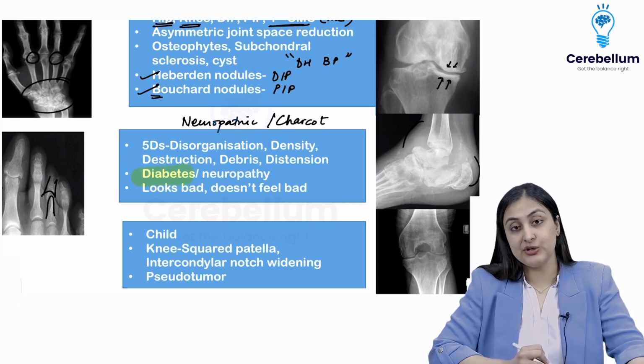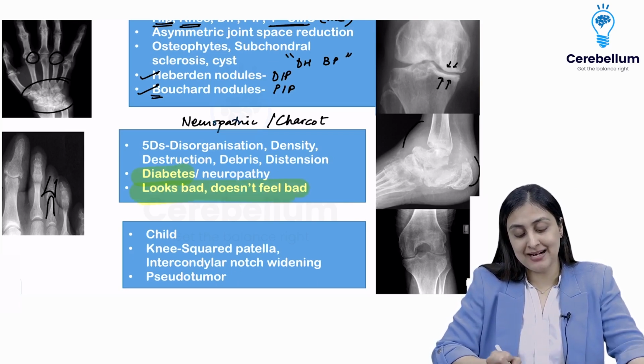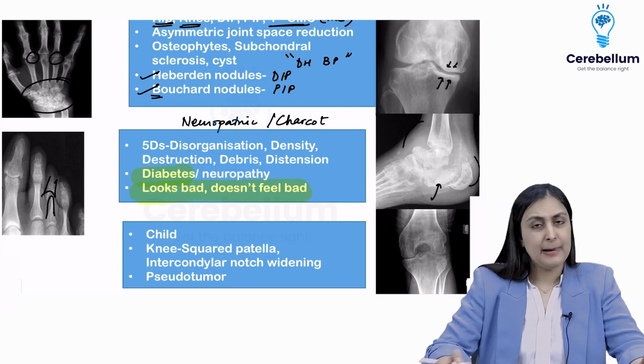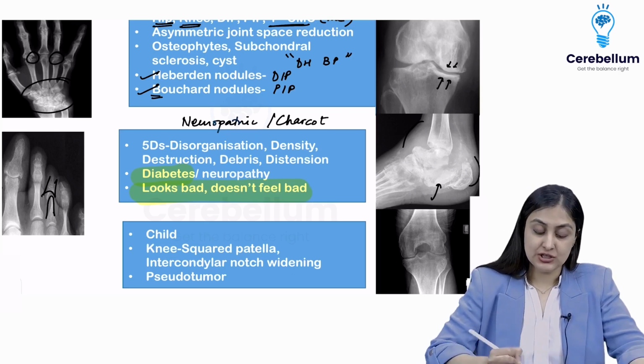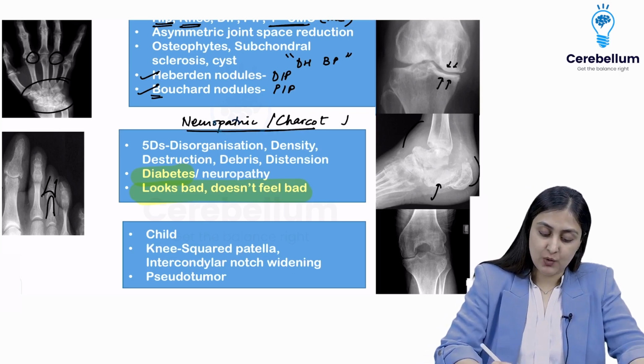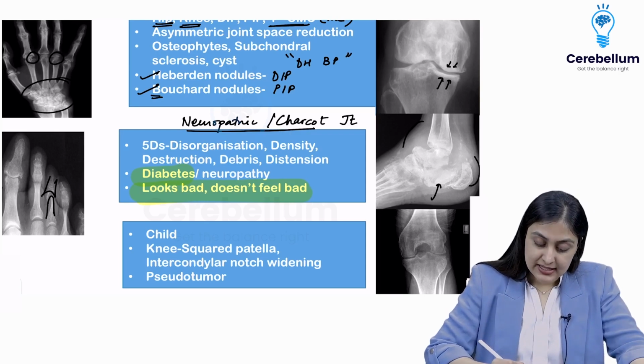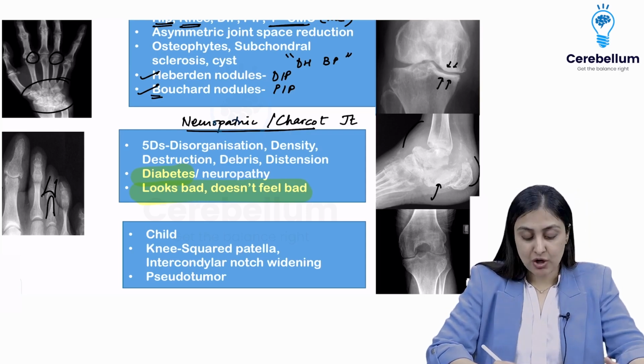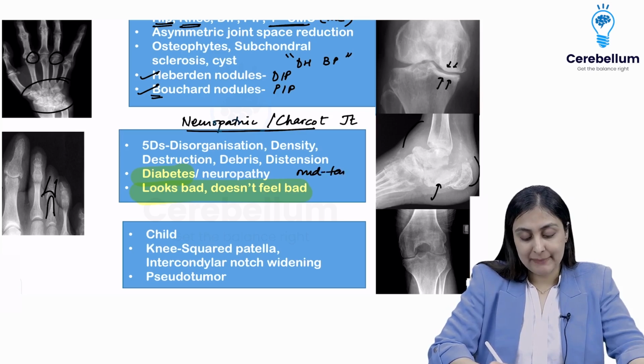Diabetes can also be given to you as history. So this looks bad, doesn't feel bad. You are shocked at the state of the destruction. The patient is pretty chill. So this is neuropathic or Charcot joint, and the most common bones to be involved are the mid-tarsal joints.